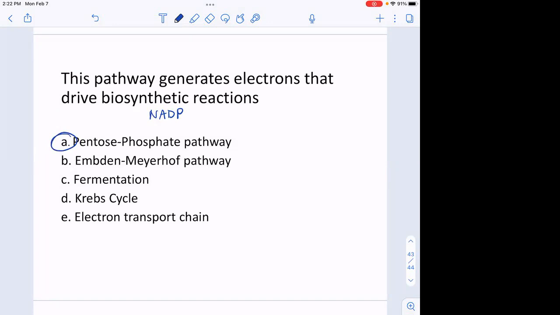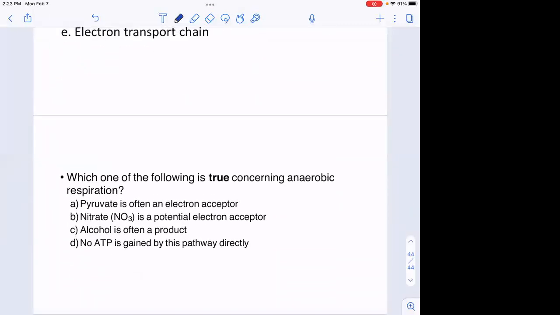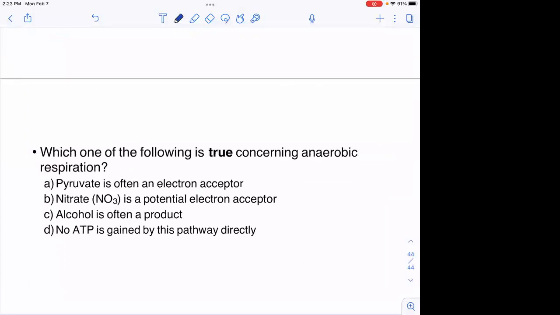Okay, you also get a little NADPH from the Entner-Doudoroff, but that wasn't one of your possible answers there. Remember, this is the same thing as glycolysis. And one more. Okay, again, sometimes there's confusion between anaerobic respiration and fermentation. So which one of these is true?